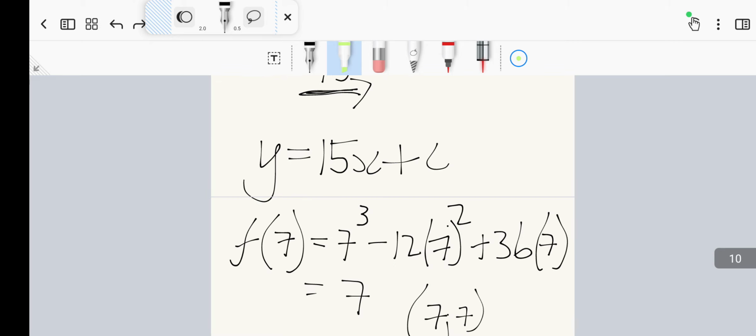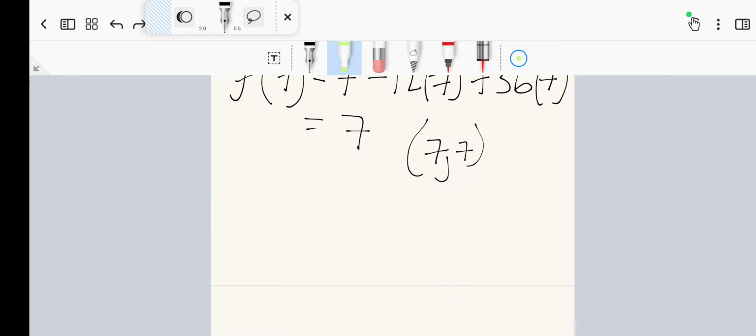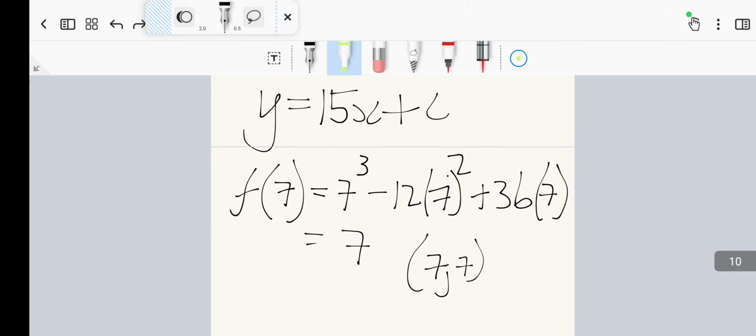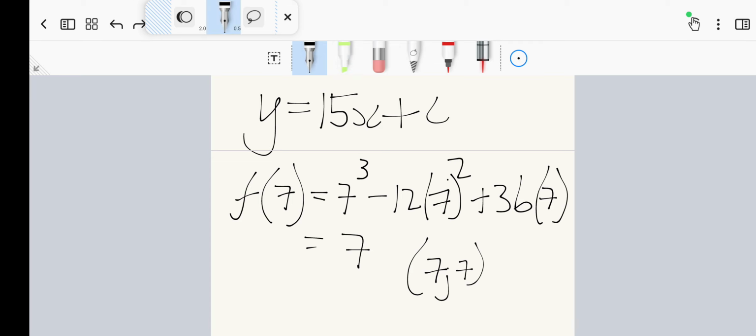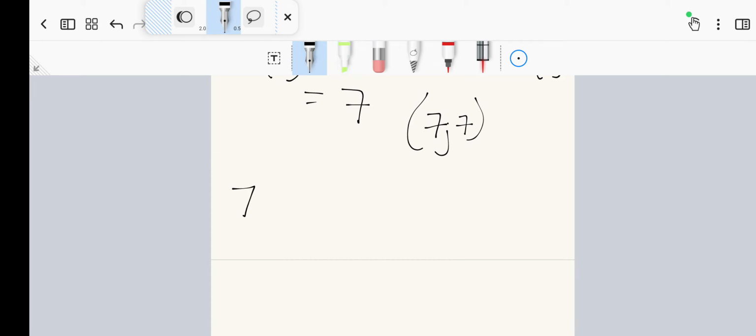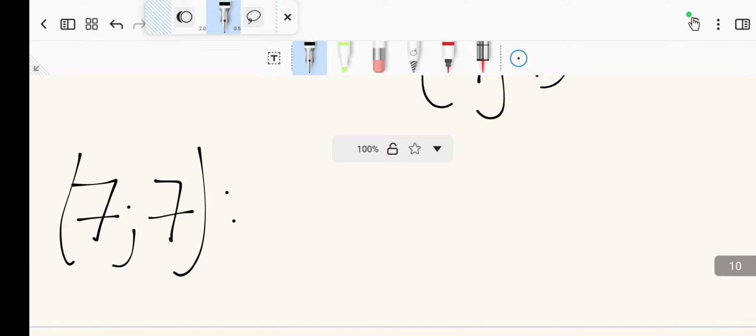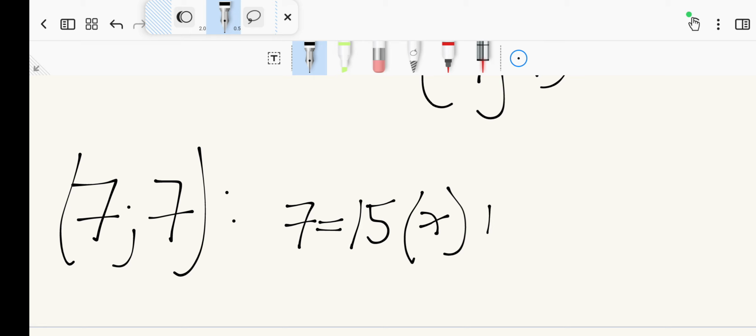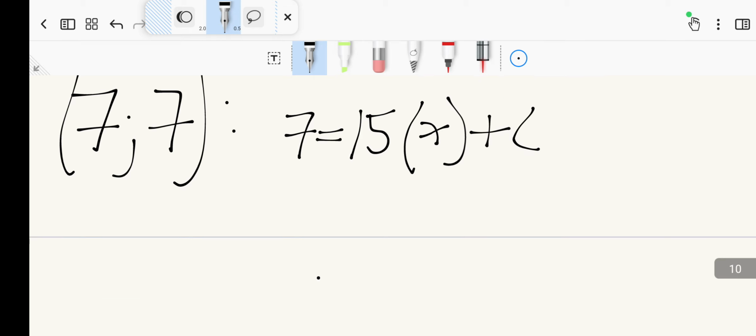Because it touches the green line, that's the point we're going to substitute into our y equals mx plus c. So I'm going to say 7 and 7 is my substituting coordinate. So y, which is 7, equals m, which was 15, times x, which is also 7, plus my c, which I want to find out. 7 times 15 is 105.